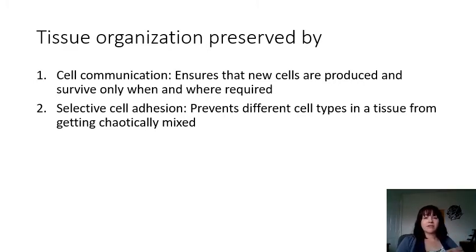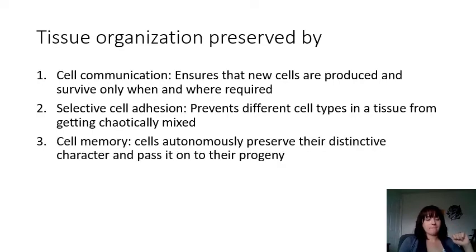These cells will only form adherens junctions with other cells that have the same cadherin subtype. So a cell that has E cadherin in the adherens junction will only bind with a cell that also has E cadherin in its adherens junction, and that promotes those cells to bind to each other. If you have a new cell, it's going to see who is my partner, who is the same as me, and that's where it's going to attach and reside. And so selective cell adhesion is going to help organize tissues.